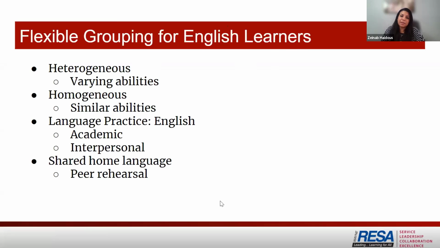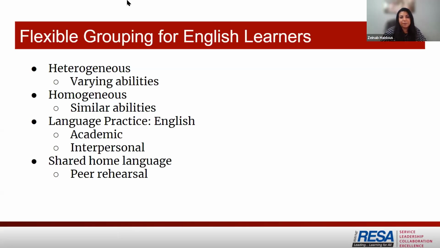And this gives them more chances to interact with their classmates who speak English fluently and practice both their academic and interpersonal language. They can also be grouped with other classmates who speak the same home language as them.